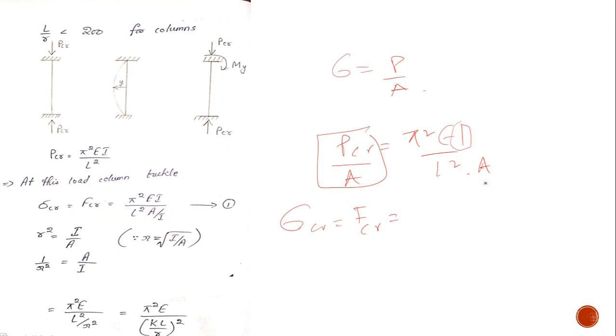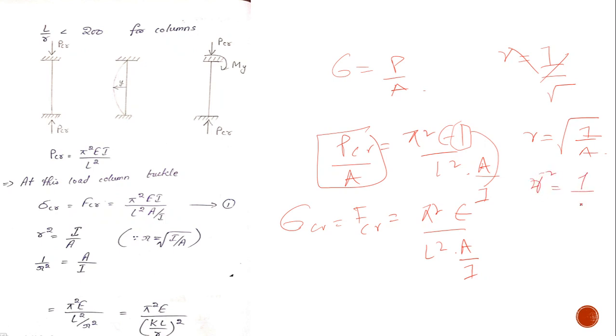Now this I can be shifted here. I'm arranging this, so this will become pi square E divided by L square, A by I. And from your knowledge, you know that radius of gyration is equal to the square root of I by A. So R is equal to square root of I by A. Now squaring both sides, you will get R square is equal to I by A. It means A by I would be equal to 1 by R square.